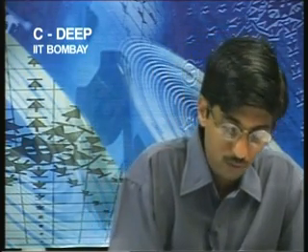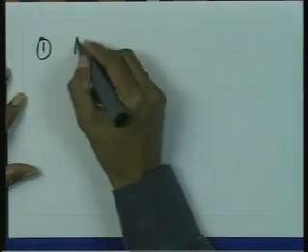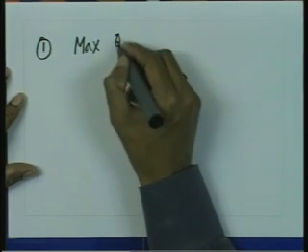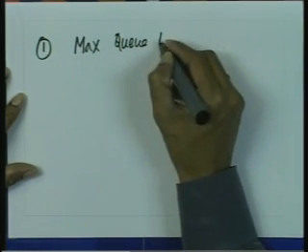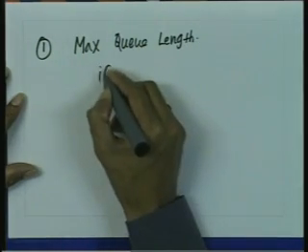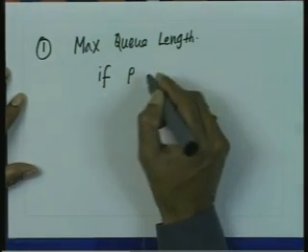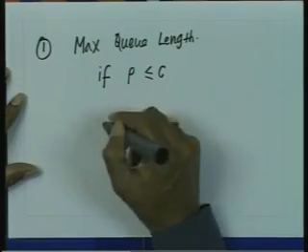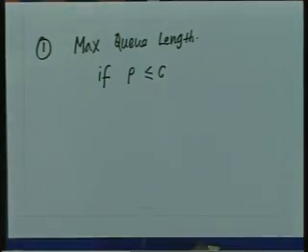One is that, about max queue length, we can prove that if rho is less than or equal to C. That means if the transmitter rate is more than the average arrival rate, is what we are assuming, because the input has an arrival process which is sigma rho constrained. So sigma is the maximum burst size and rho is the average arrival rate.